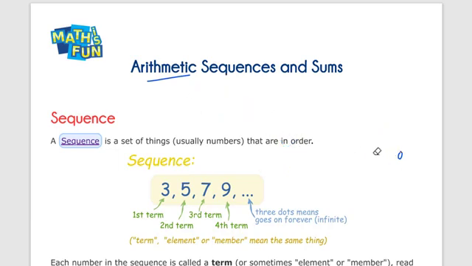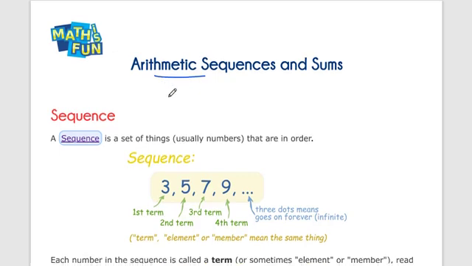In the last lecture we only talked about the basics of arithmetic sequence. In today's lecture we will try to solve different types of problems on arithmetic sequence, how to find the summation, and the notation of arithmetic sequence.